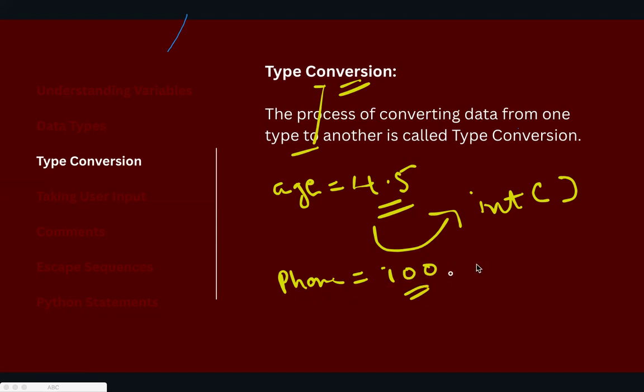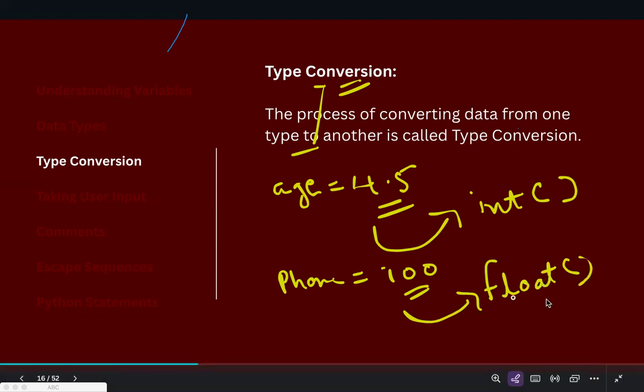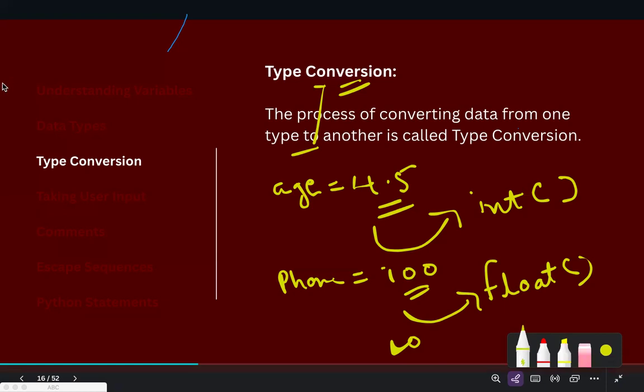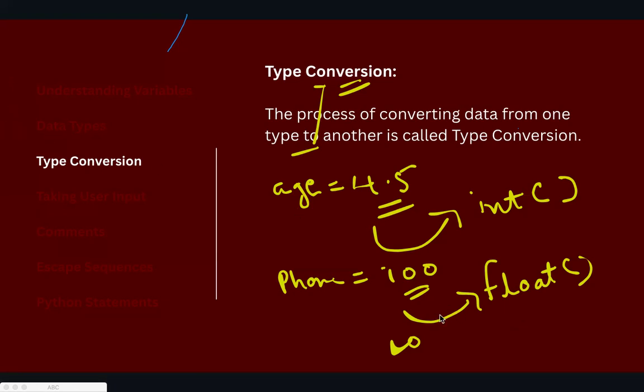So to do this, I will be using a float function to convert this into a floating point, into a decimal point. When I use this, this is an integer now. This will be converted to a float value, that is 100.0. So now let's go ahead and see what these functions really are.